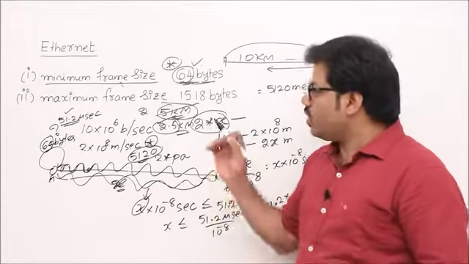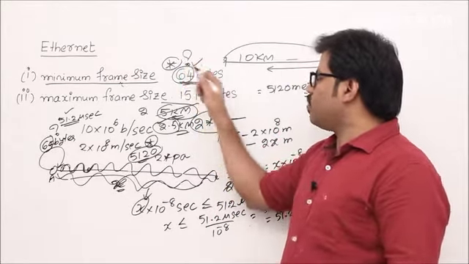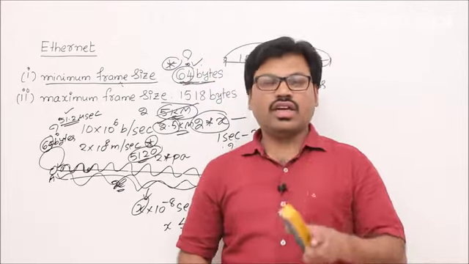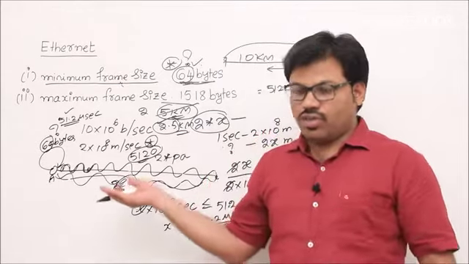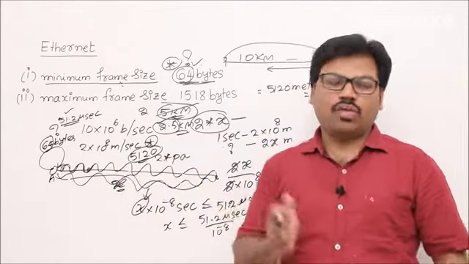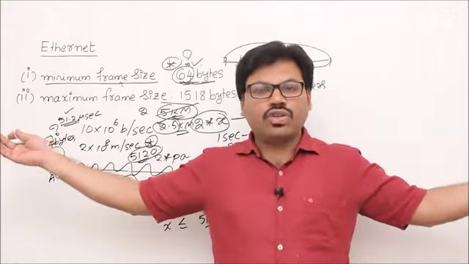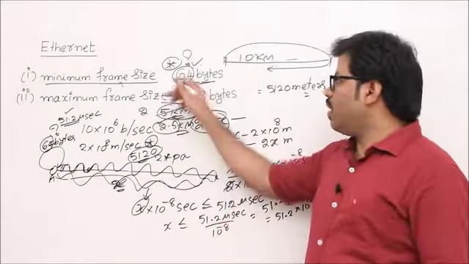Understand? Now the question here: why should it be 64 bytes? Why not, say, 50 bits? Already we have seen that if you take 50 bits, then it allows only a 250 meter or 500 meter cable, a half kilometer cable. But if you want to grow a very long LAN, over 2-3 kilometers, then 64 bytes would be reasonable, right?